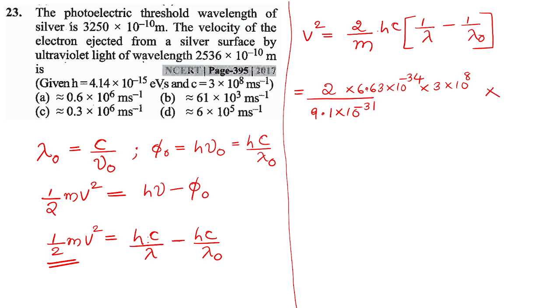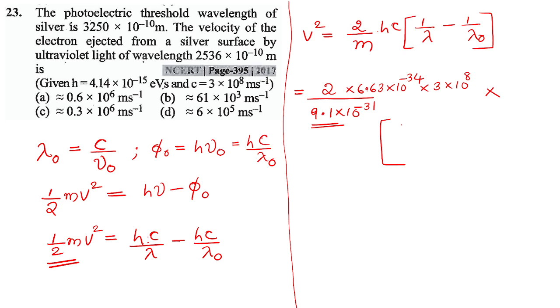You have to take 9.1 as 9, no problem at all. If possible, take 6.63 as 6.6 to be multiplied with 3, and if you are able to remove the decimal point, just remove it. The options are asking for the approximate value.